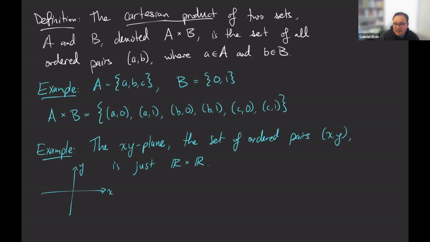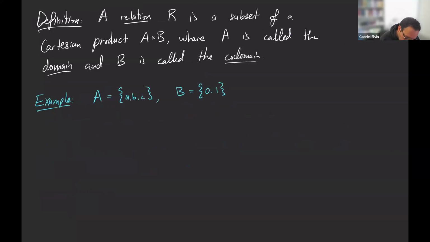And so we can just take any subset of that and call that a relation. So like then R could just be {(a, 0), (a, 1), (c, 1)}, and maybe that's it. Maybe that's all I want. That's a relation.